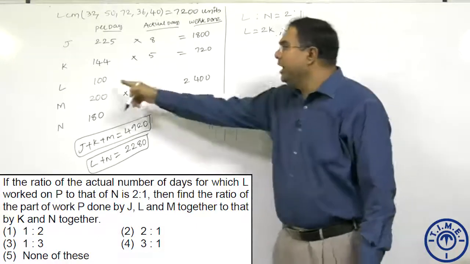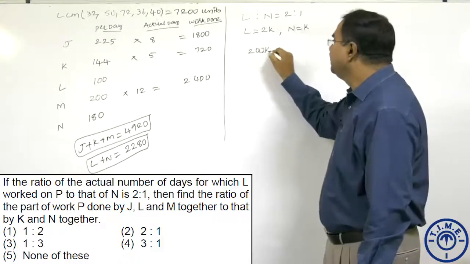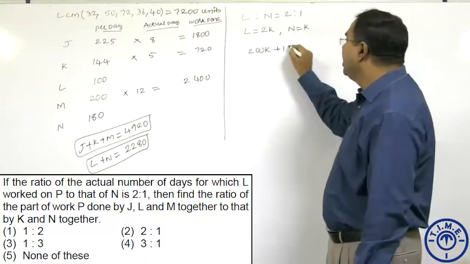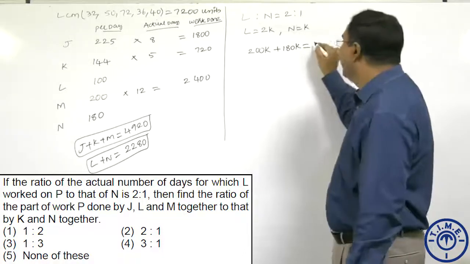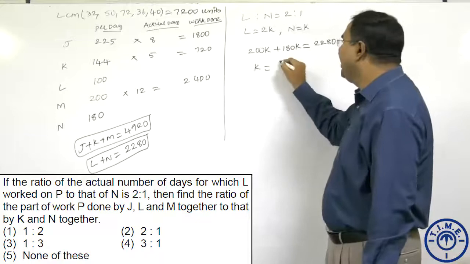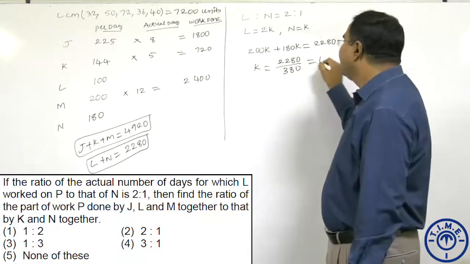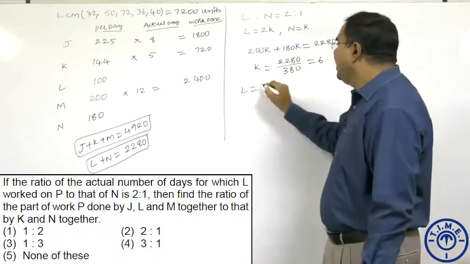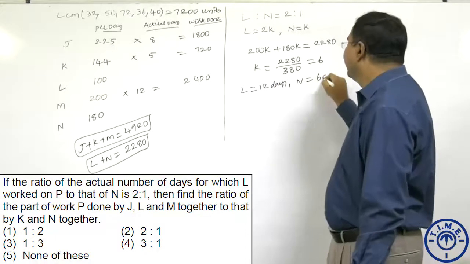So, one day L will do 100 units, 2K days 200K, one day N will do 180 units, K days 180K. L plus N together have done 2280 units. So, K is equal to, this is 380 K. So, 2280 by 380, I will get K is equal to 6. So, L has worked for 2 into 6, 12 days and N has worked for 6 days.